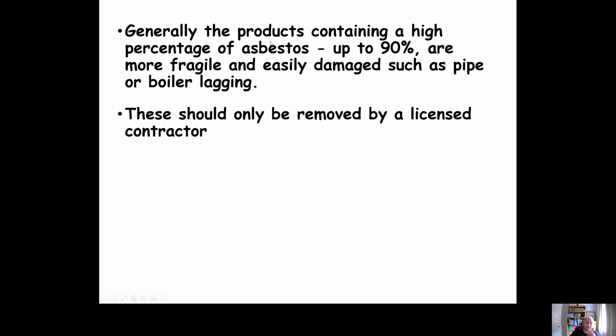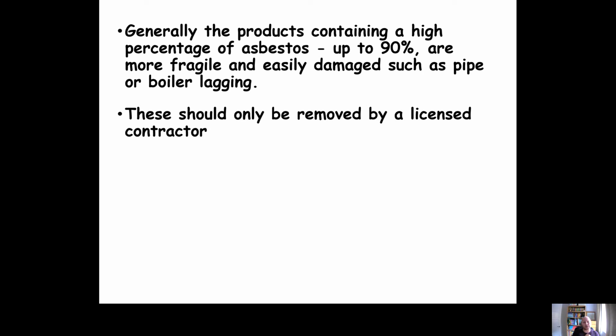Certain products are higher risk than others. Asbestos cement products only have about 10% asbestos, so they are definitely a hazard if they become damaged, if you drill them or hammer them. But because the fibres are locked into a matrix with the cement, they aren't easily released.